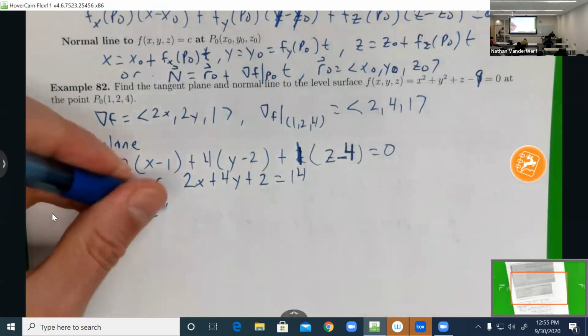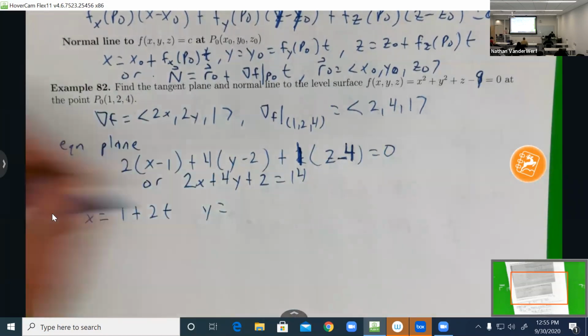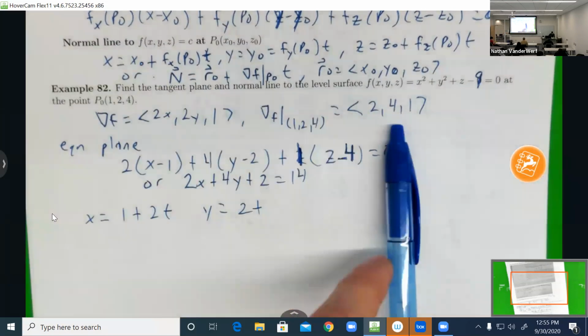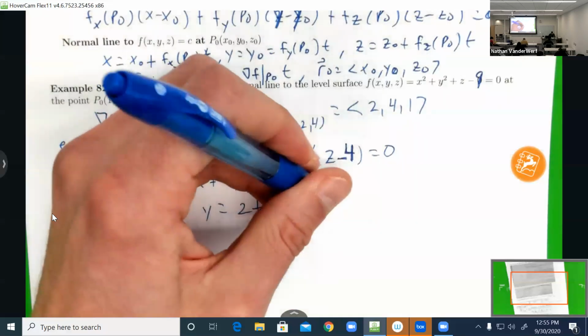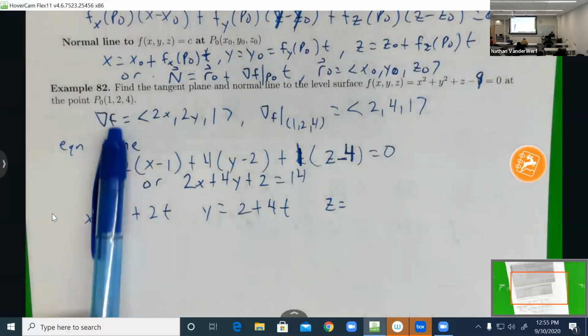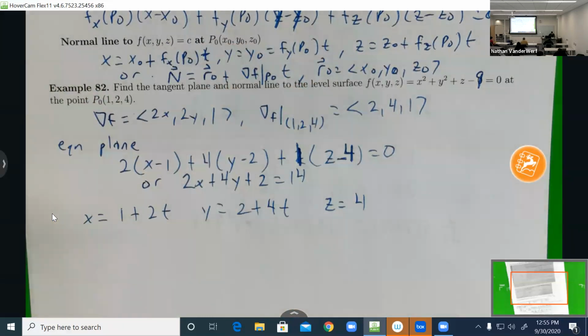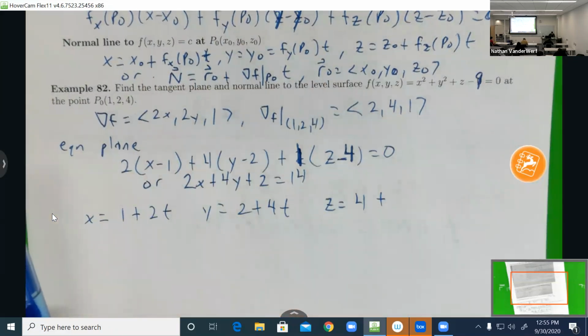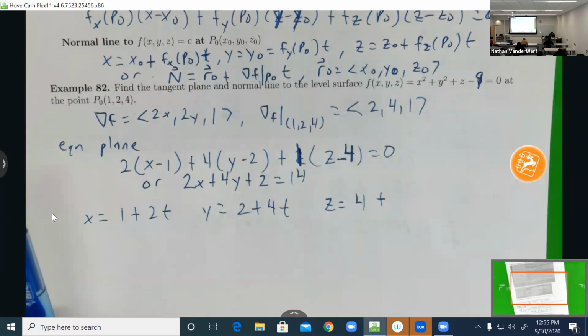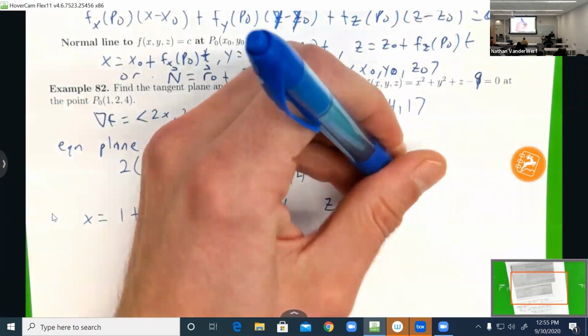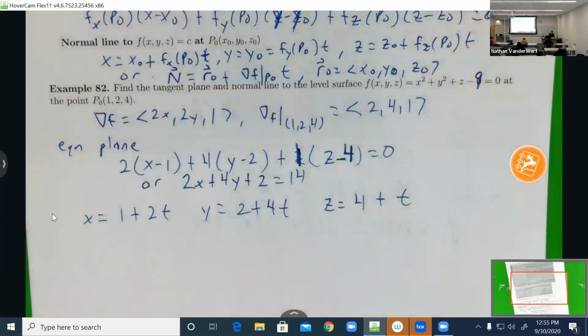So 2t, y equals 2 plus 4t, z equals 4 plus, yep, 4 plus t. Yep.